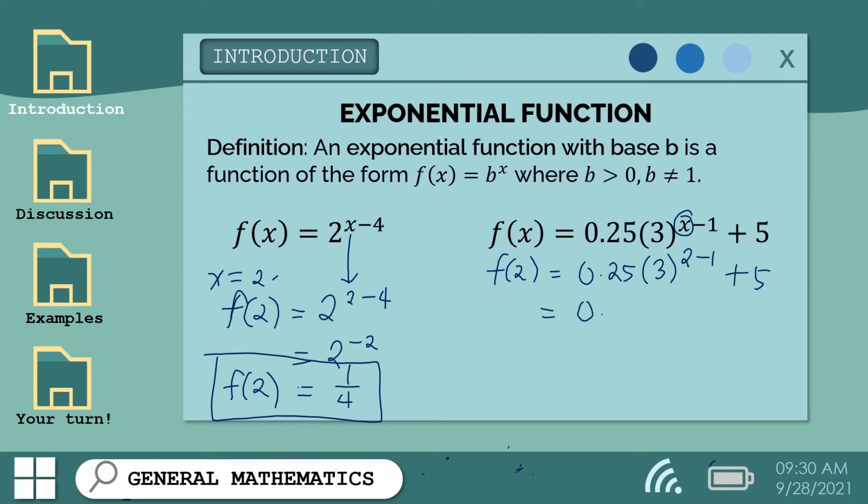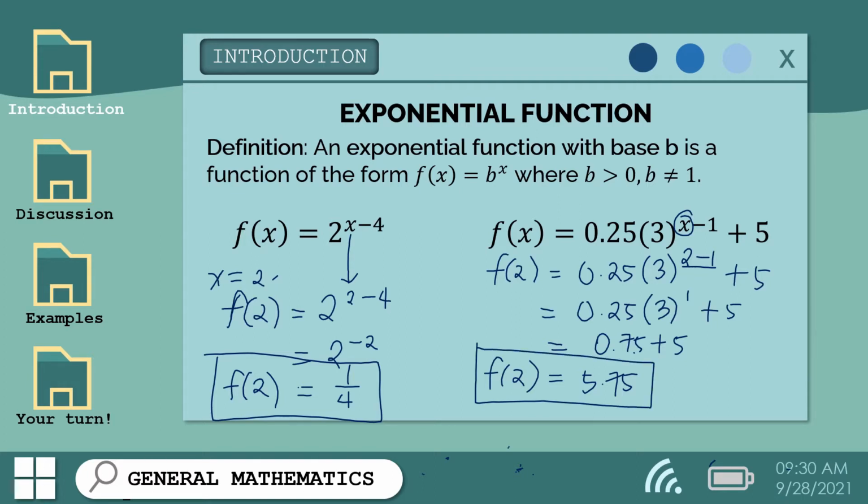So we have 0.25 times 3 raised to 1, since 2 minus 1 is 1, and plus 5. Now 3 raised to 1 is still 3. Then multiply it to 0.25. So the answer is 0.75. Then plus 5. So ang f of 2 po natin is 5.75. So ganun lang po siya.